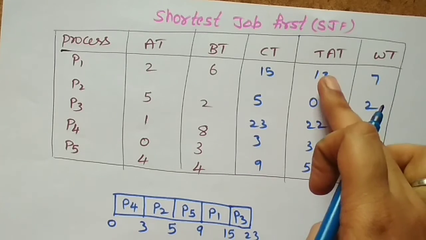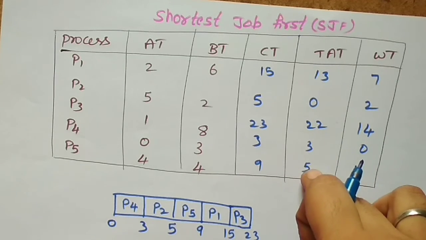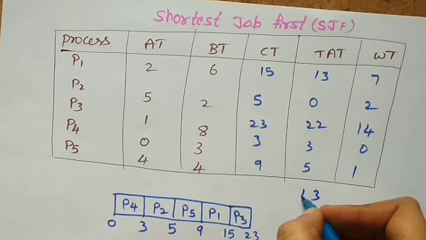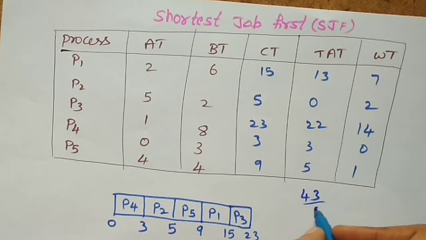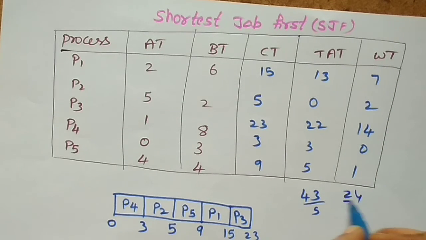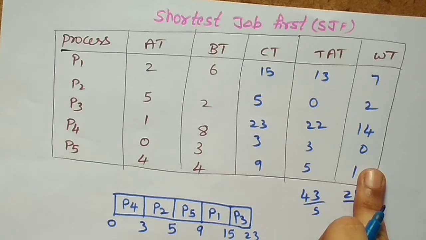Turnaround times sum to 43, so 43 by 5 processes, and waiting times sum to 24, so 24 by 5. Like this, we calculate the average turnaround time and waiting time for the shortest job first scheduling algorithm.